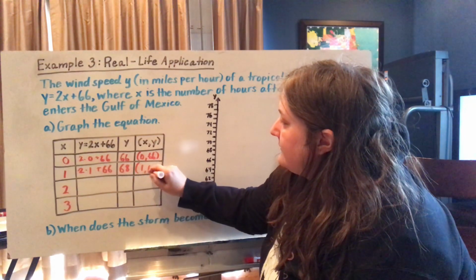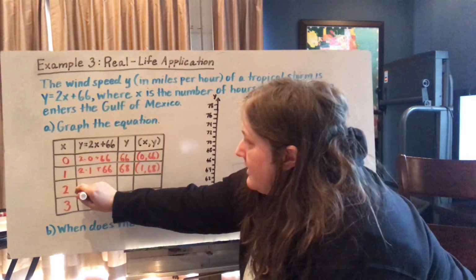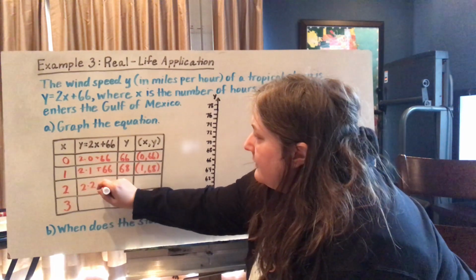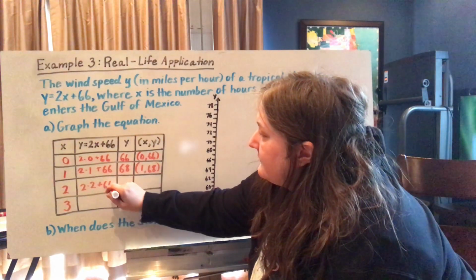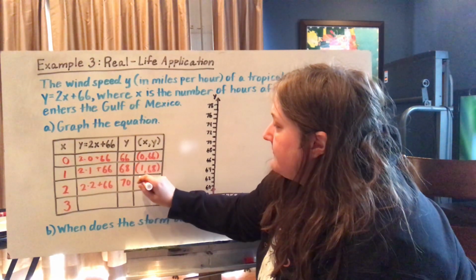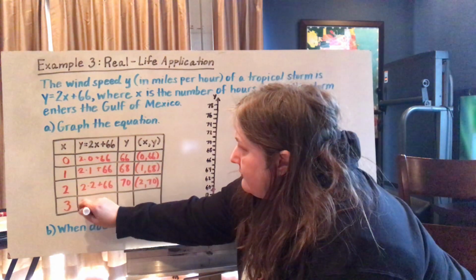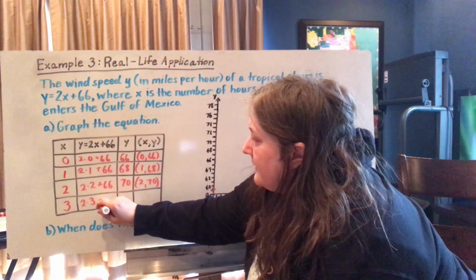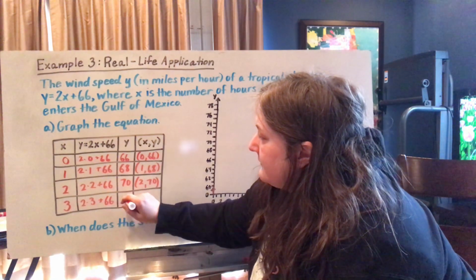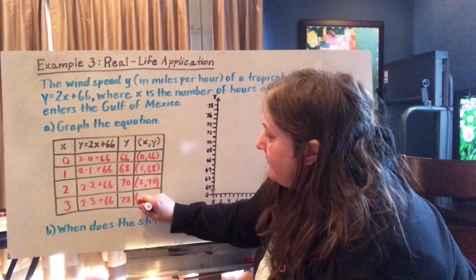So 1 comma 68. 2 times 2 plus 66, which is going to give me 70. So 2 comma 70. And 2 times 3 plus 66, which is going to give me 72.